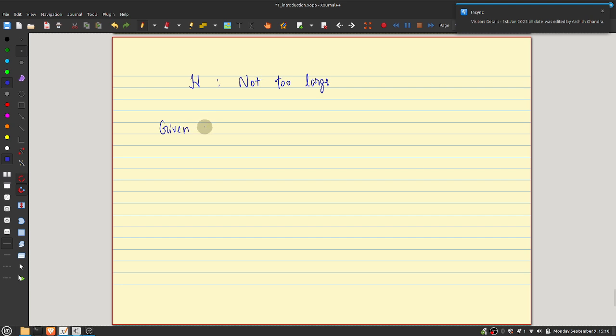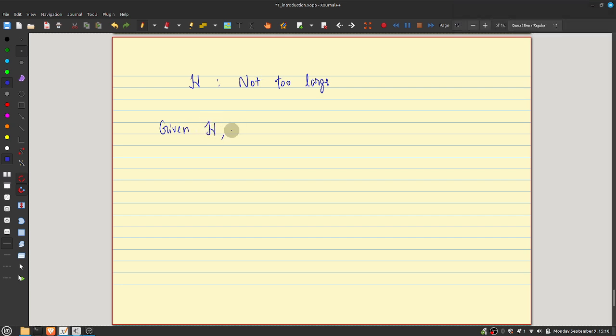So the learner is given this hypothesis class h, is given the training set S. Again, remember that the end goal of the learner is to output a h for which the risk is small.